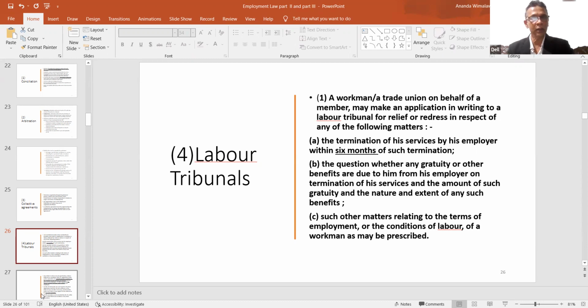There are certain aspects of termination which are not covered by the Termination Act. In such cases, definitely you have to go to the labor tribunal. That is the best way. Instead of complaining to the labor department, conciliation, arbitration, no. If it is termination, go directly to the labor tribunal.